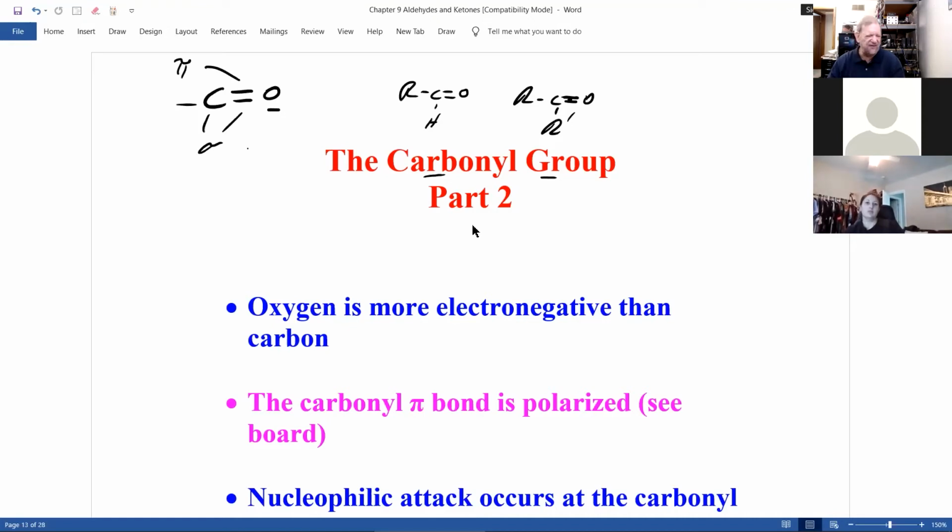And because of that, the two electrons in the pi bond are a little closer to the oxygen. It's stronger. And how do we show that? Like this. Now, this is the Greek letter delta, but lowercase.